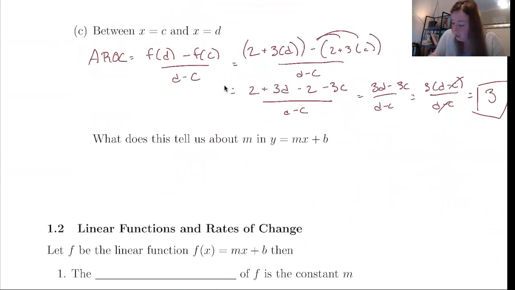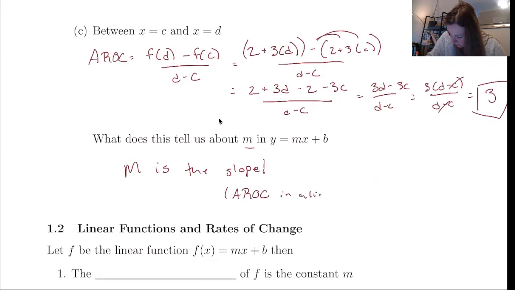So what does this tell us about m in y equals mx plus b? Give you a time to think. m is our slope, which we also can call the average rate of change in a linear function. Well, it's already in a linear function.